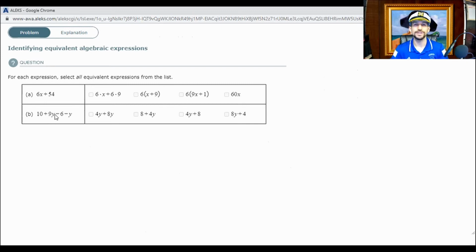Here we have an expression that isn't simplified, so we need to simplify it. And then we have 4 expressions that are simplified. In this example, we have a little less work to do. I'm going to do what I've done before and use green for my variables, and I'm going to box my variables, negative y and positive 9y.